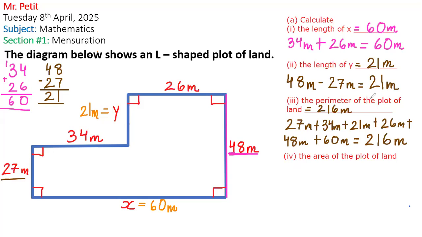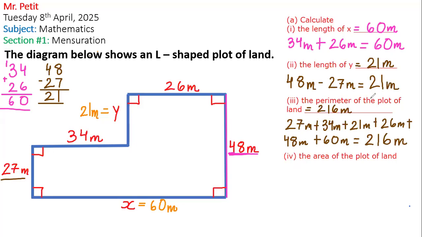I think we add 60 by 21 and then subtract it by 216. No, definitely not. I can find the area of a rectangle, then minus the area of the small rectangle.